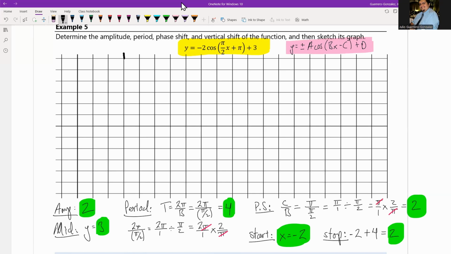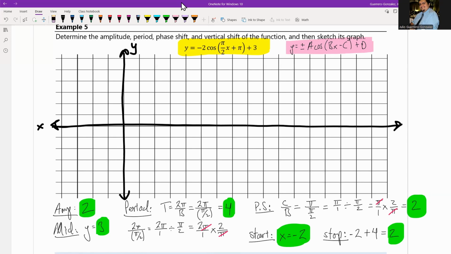I am putting down my x and y. This is going to be my x-axis, and this right here is going to be my y-axis. I'm just putting it down so that we know which one is which. I know this one looks a little thicker than the rest. I didn't mean that to happen. It just did. Sorry.